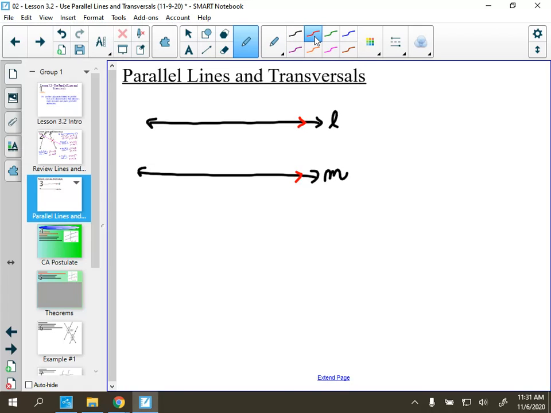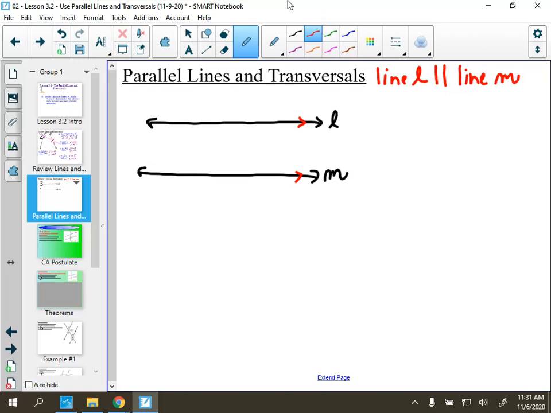We put the little arrows on them to say, yep, we for sure know that line L is parallel to line M. We're also reviewing a concept from yesterday, using this symbol. It looks like an 11 the way I wrote it, but those are little parallel lines. Line L is parallel to line M.